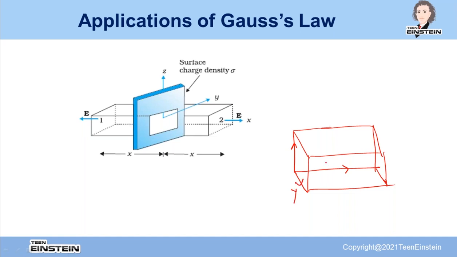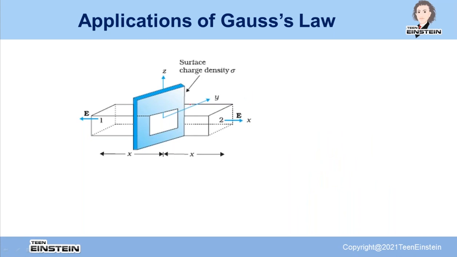Now we have to see along which direction the electric field will be. According to the charge distribution, this plane sheet will have an electric field by the symmetry of the plane sheet. Since it is like this, the electric field will always be in this direction.